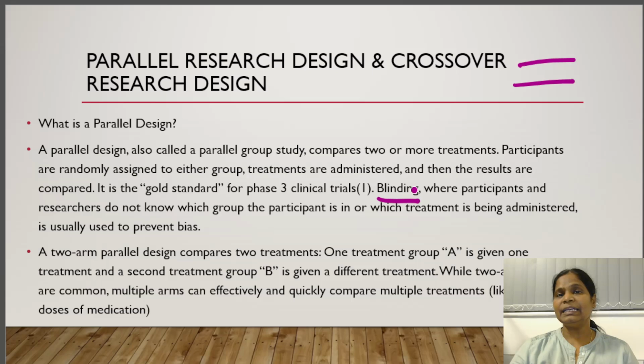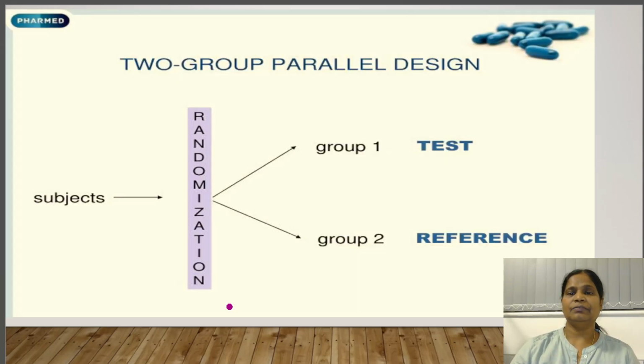This is mainly done to prevent bias. That's what we call blinding. And in clinical trials, parallel research design is considered the gold standard. Here we'll see it in detail with a diagrammatic representation.